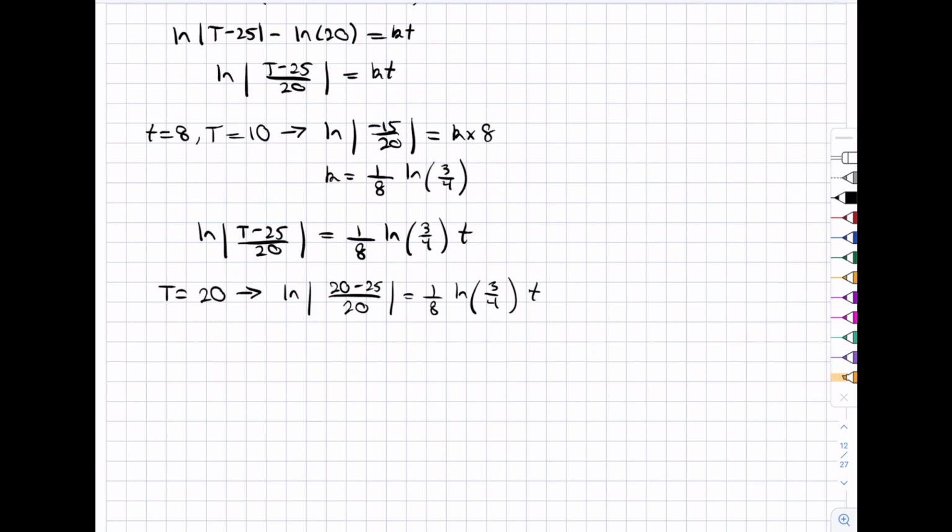And then simply, we can plug all this into a calculator and then divide by whatever this value is. Putting that into a calculator should give us something along the lines of 38.55. Okay, and then we want it to the nearest minute, so 39 minutes. And so that is part I done.